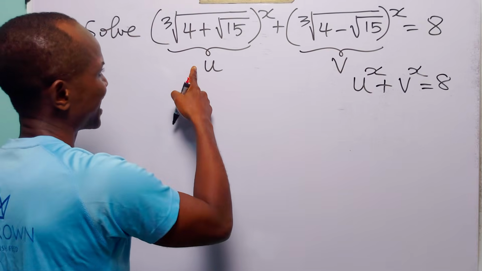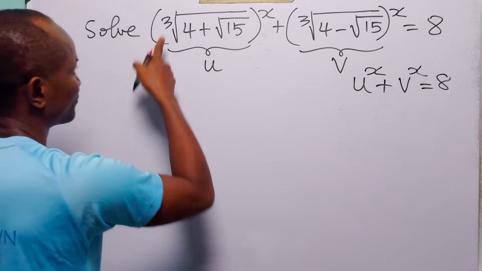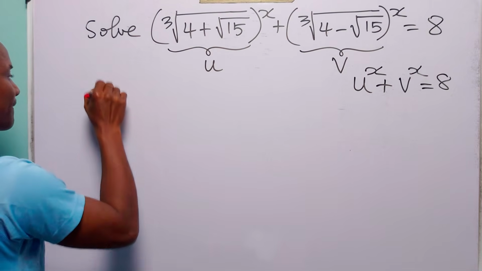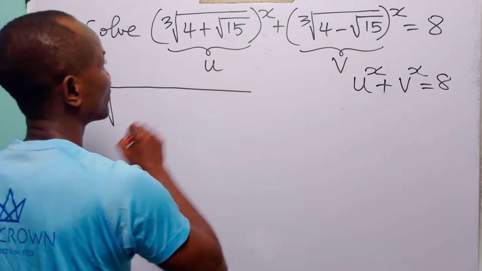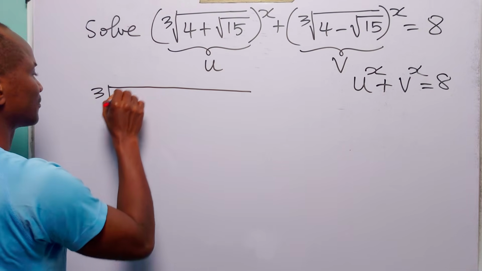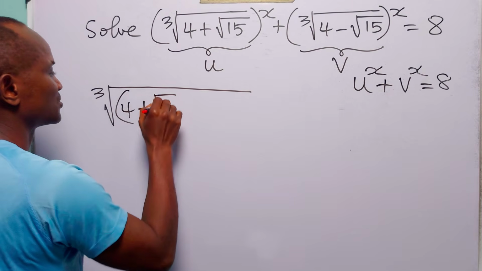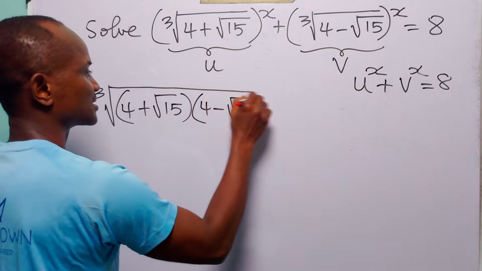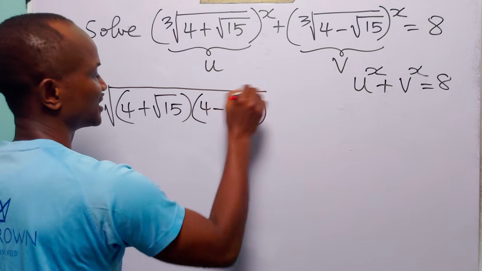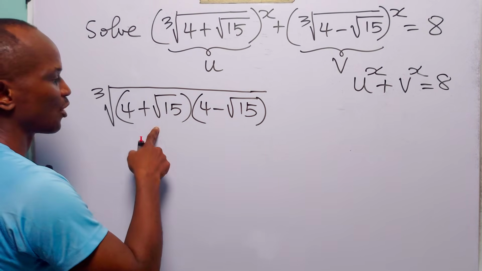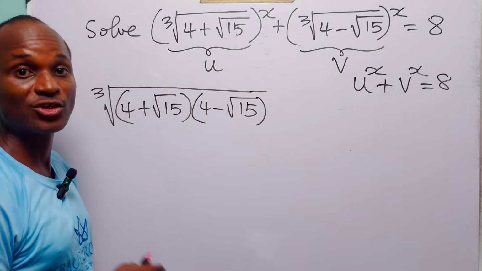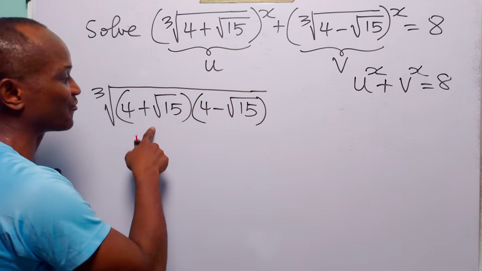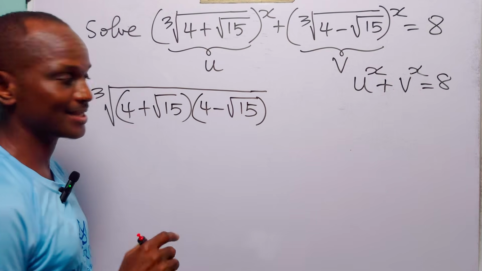Now let us multiply u and v. We have the cube root of 4 plus root 15 times 4 minus root 15. Now these two numbers are conjugates. And you know that when we multiply two conjugates, we get the difference of two squares.